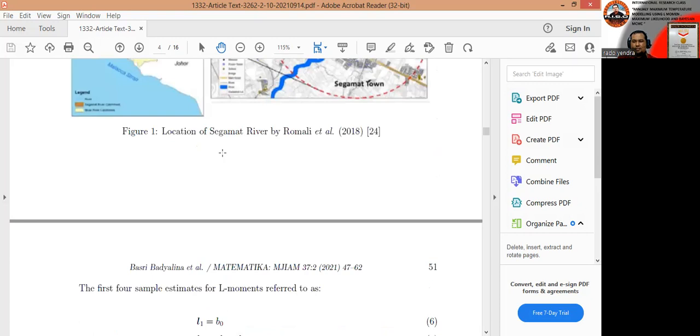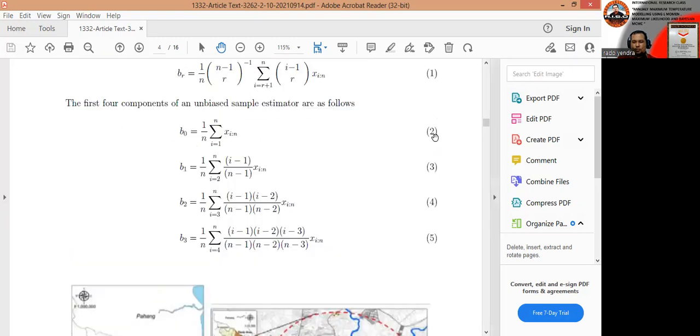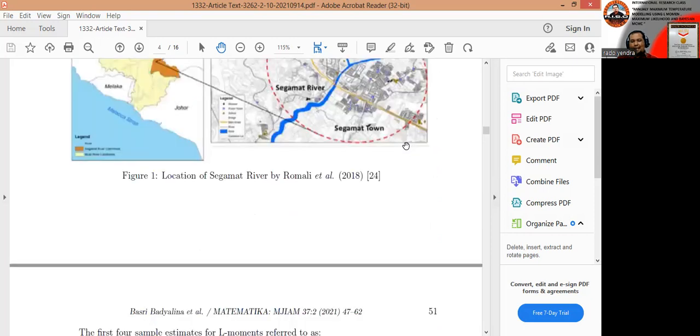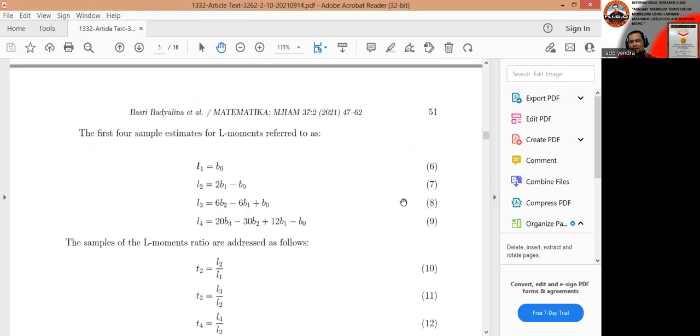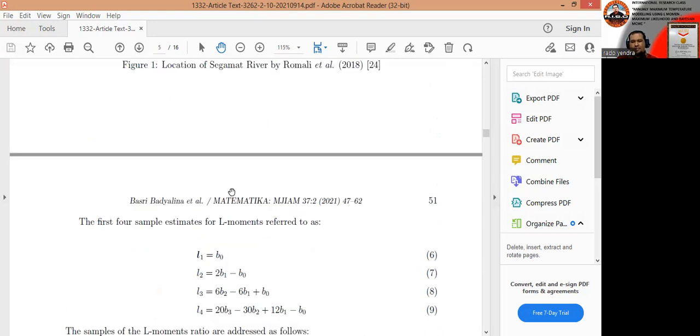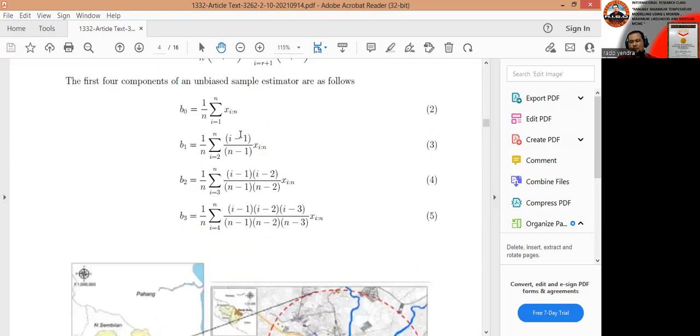B0 we can solve using equation 2. And then for L2, like equation 7, we use the formula 2 multiplied by B1 minus B0. B1 we can solve using equation 3.